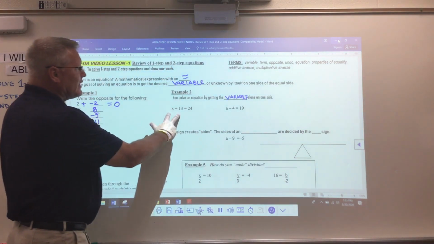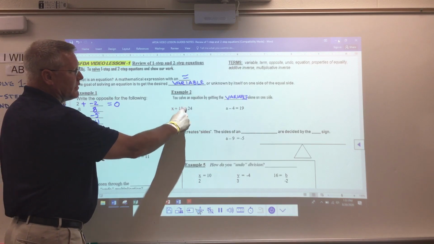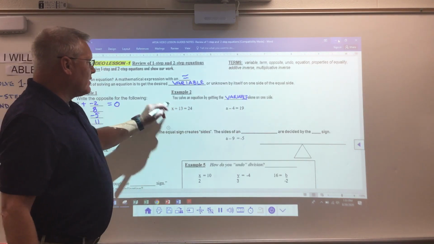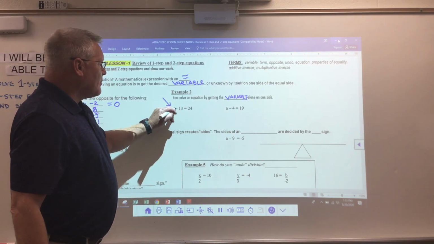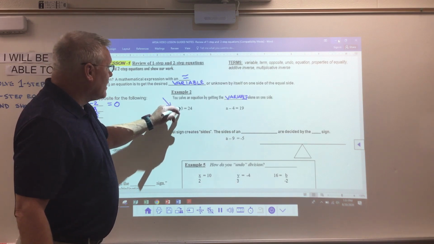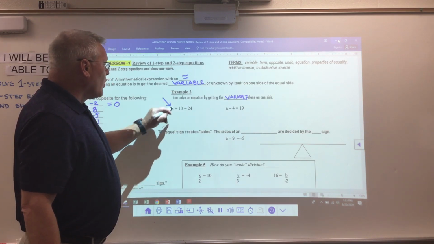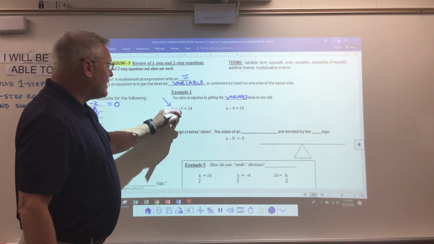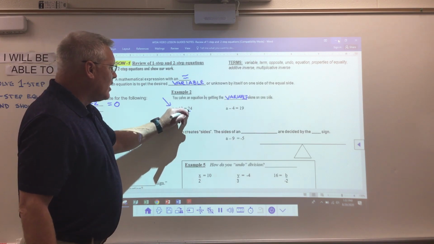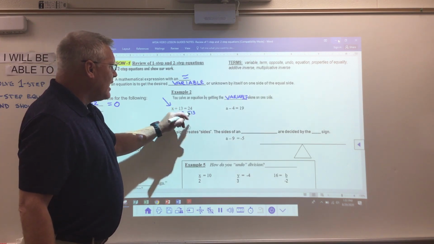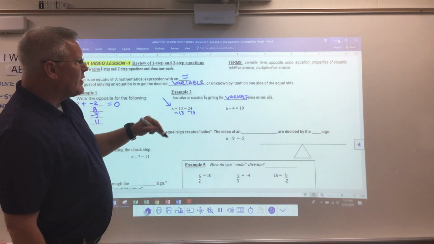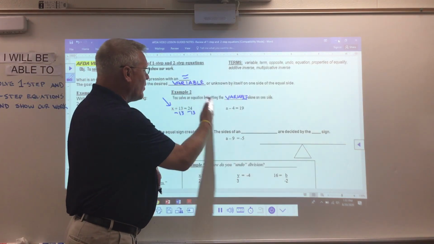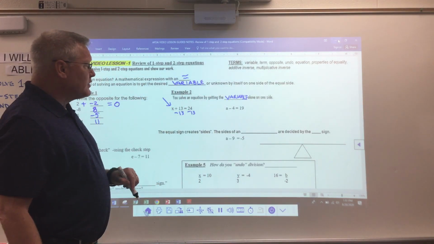And if we look at this equation right here, it's the expression with that equal sign in there. We want to get this variable by itself, and beside it has a +13. So we're going to add the opposite of +13, which is -13. And we use something called the property of equality. What we do to one side of the equation, we're going to do to the other side.